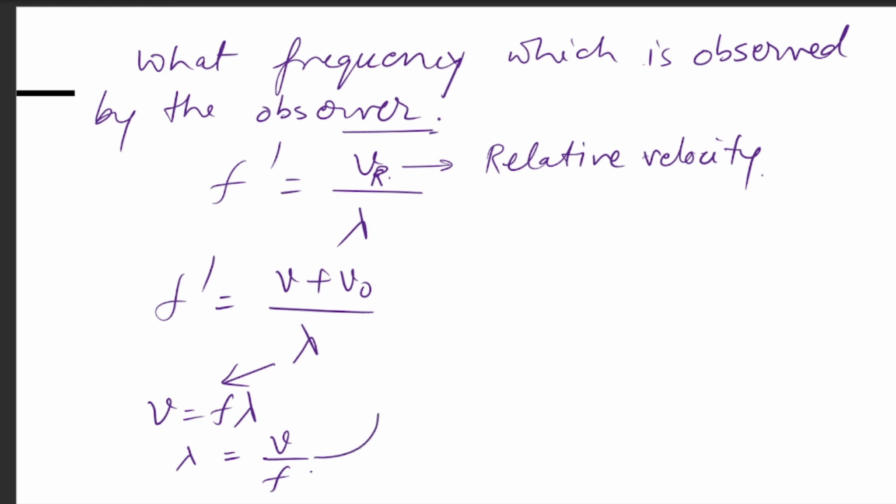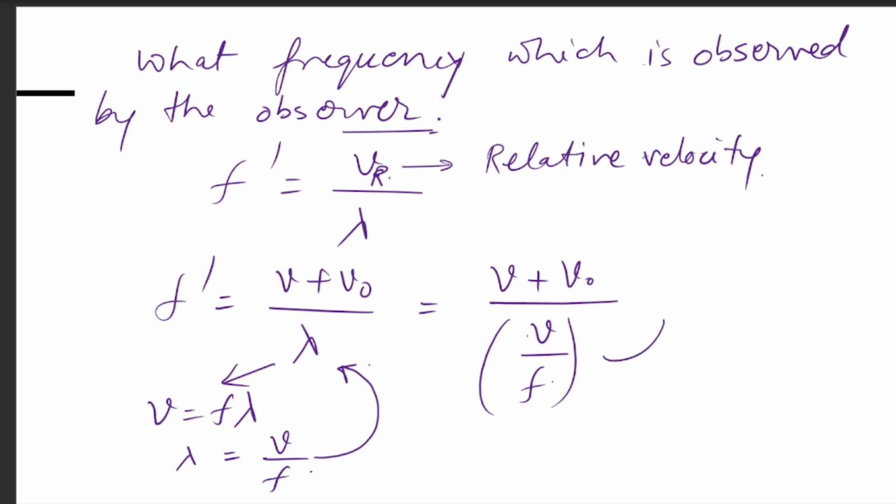So let us substitute this value here. We should get v plus v naught divided by v divided by f. And this is in the denominator, so we can take the reciprocal. After simplification, it will become v plus v naught divided by v into f.